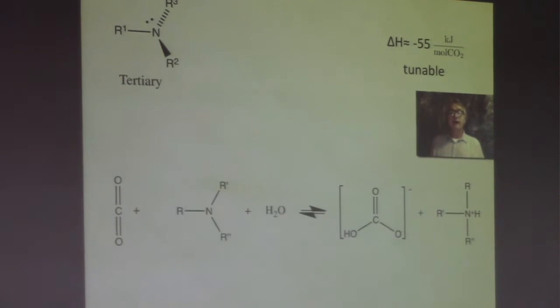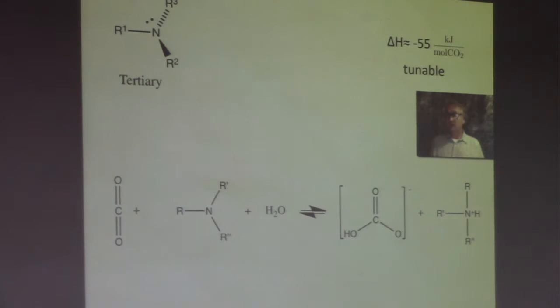The tertiary amine, however, affords another possibility. The heats of absorption are smaller, and they are tunable according to the chemistry of the functional groups, as shown here. And the chemistry of CO2 reaction with this amine is much more straightforward. The carbon dioxide, the tertiary amine, and water equilibrate with the bicarbonate ion and the protonated amine.